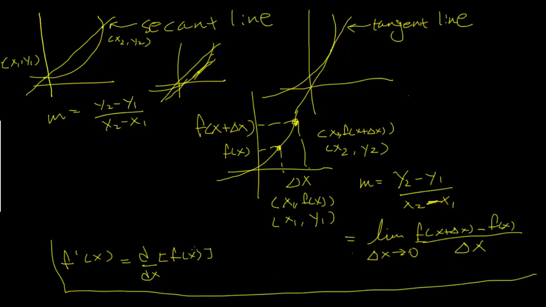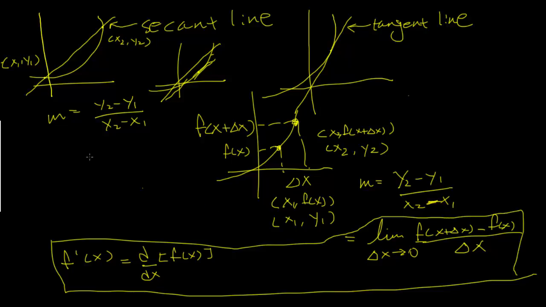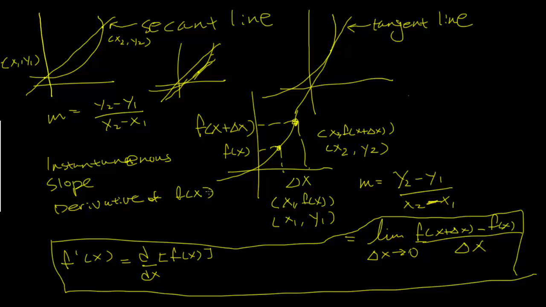So this is the general formula for the instantaneous slope, or derivative, of function f of x, or differentiation.